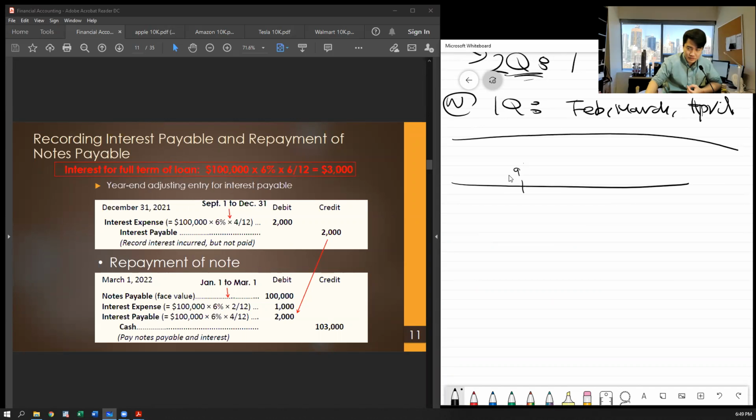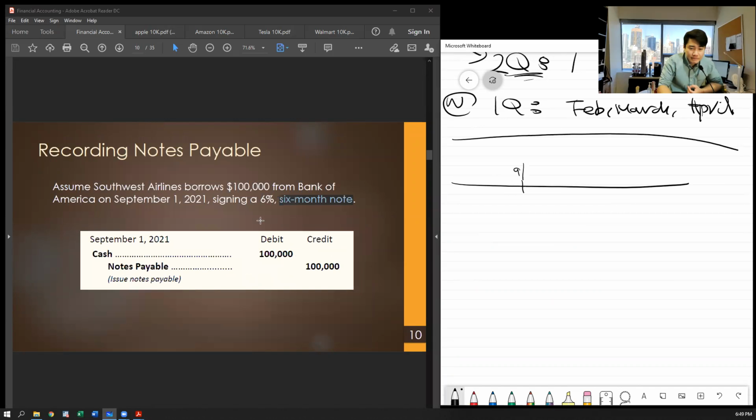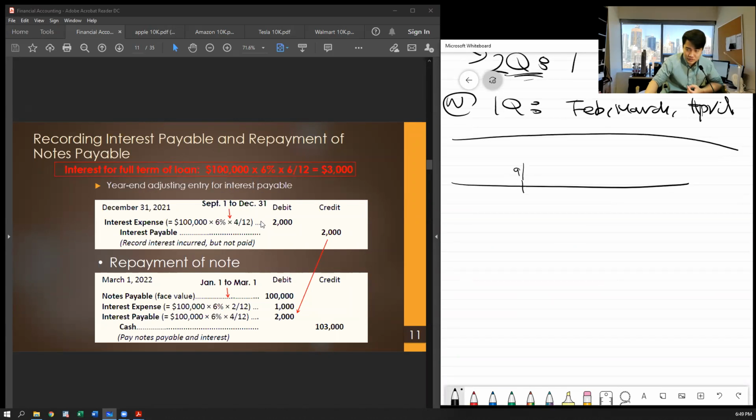On September 1st, the company borrows $100,000. The interest is 6%. At the end of the year, there will be adjustments to these notes. Four months have lapsed, so you are going to report interest expense and credit interest payable.